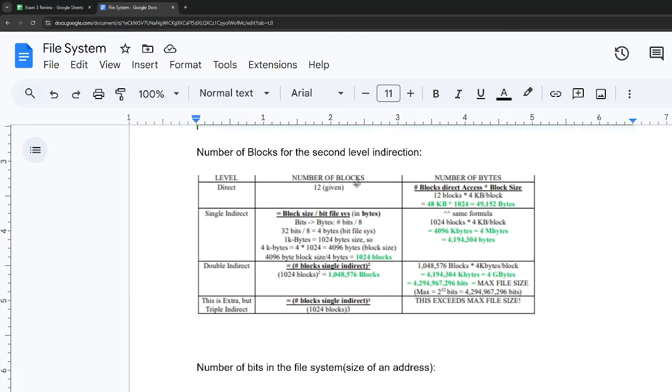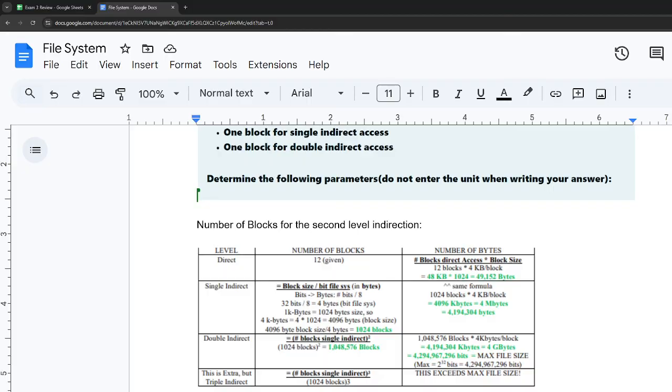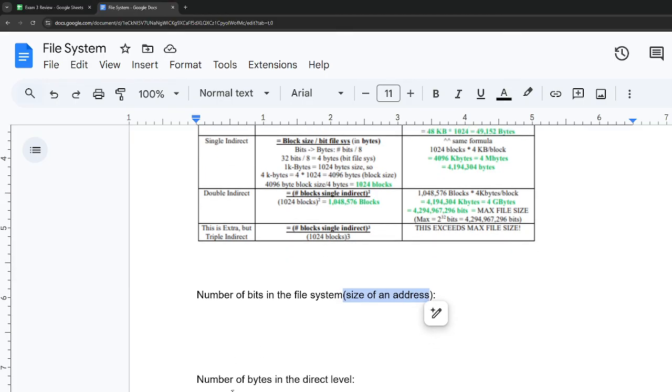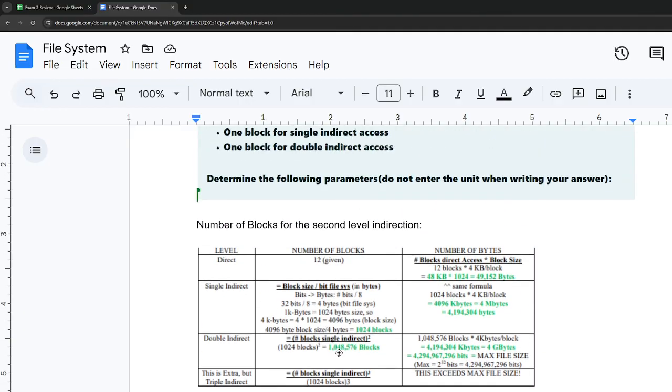We have to figure out the number of blocks for the second level indirection, the number of bits in the file system, and, recalling this as a hint, the size of an address, and the number of bytes in the direct level. Oh, hold on, let me change that. Sorry. Hold on.